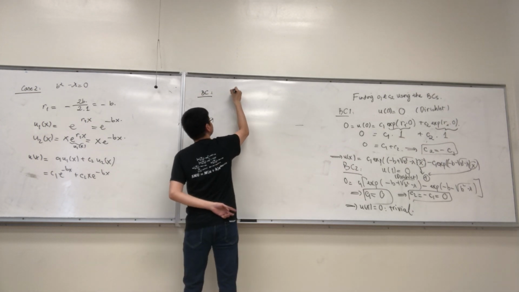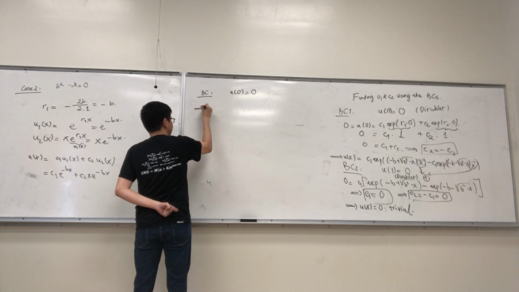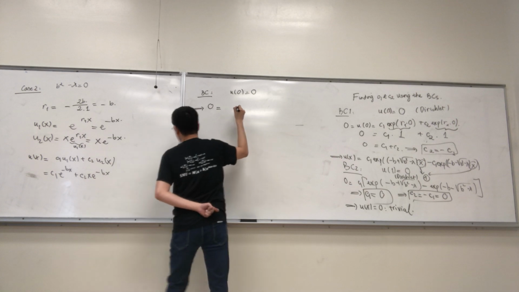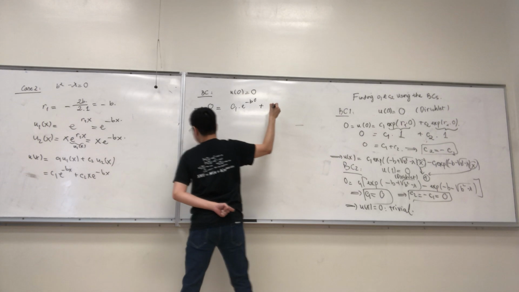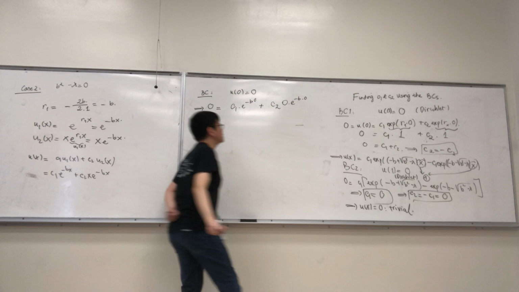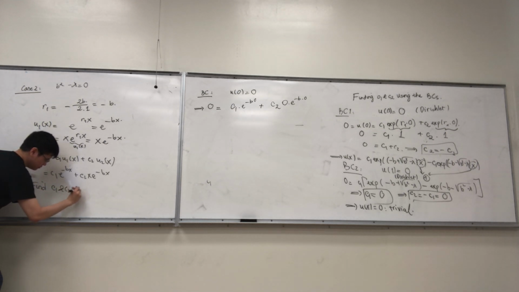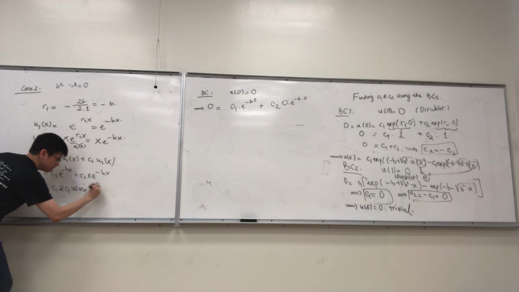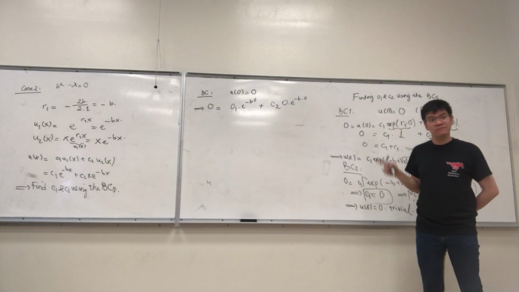So you have u(0) equals 0, which means that 0 is equal to c1 exponential of minus b times 0 plus c2 times 0 times exponential of minus b times 0. So now you have to find c1 and c2 using the boundary conditions.